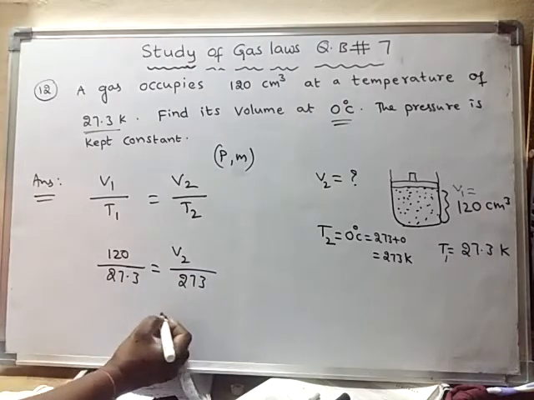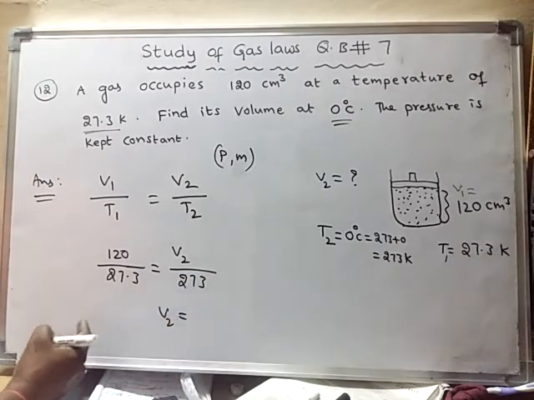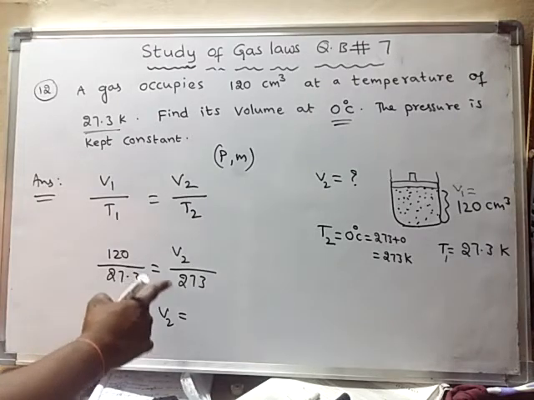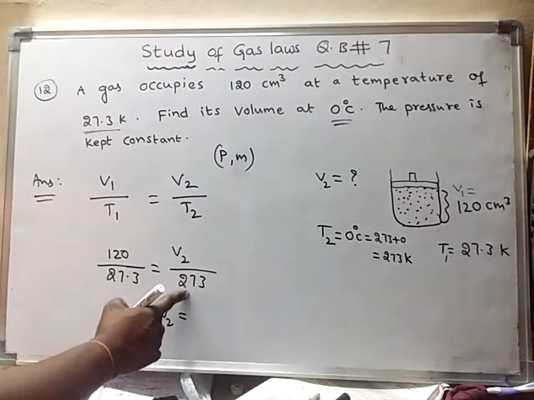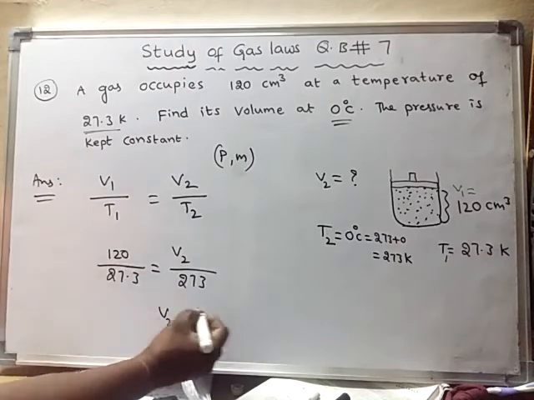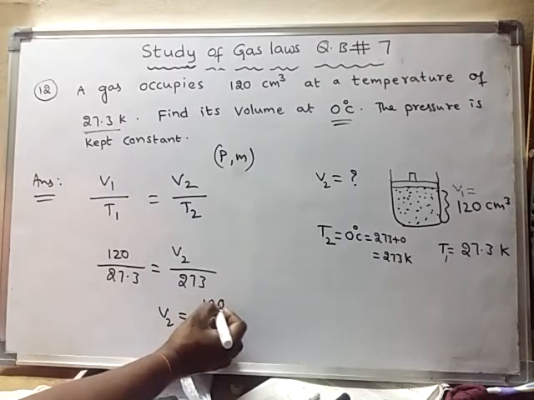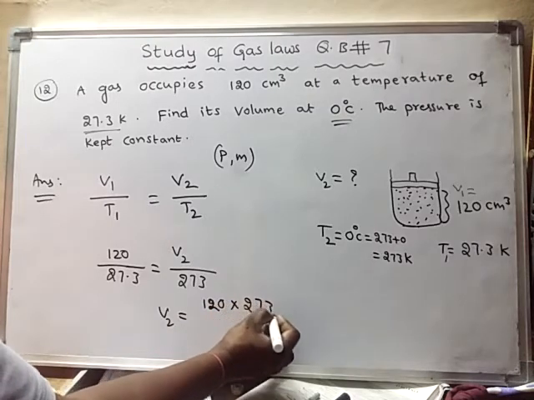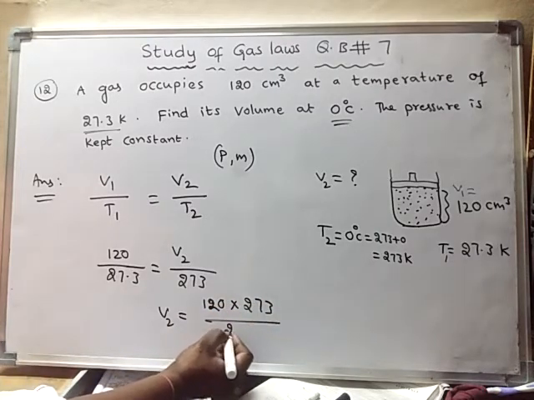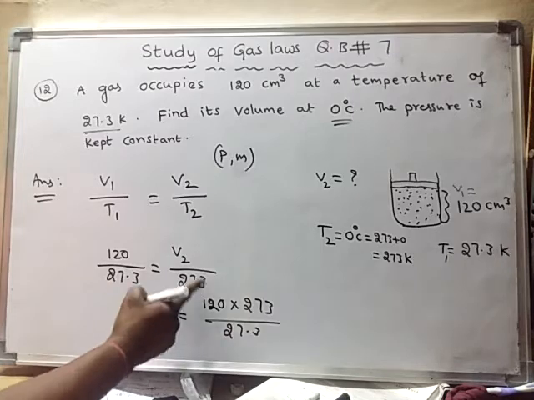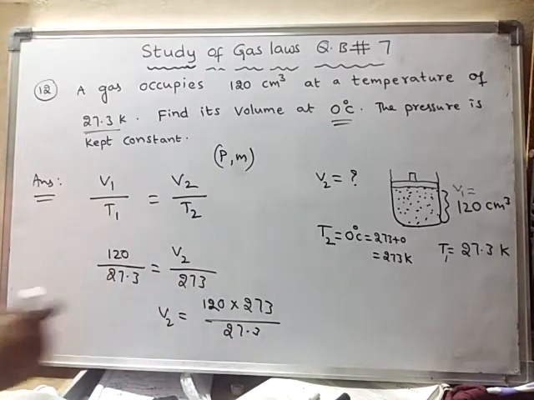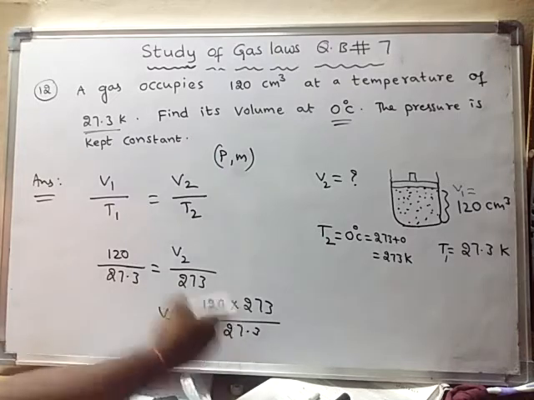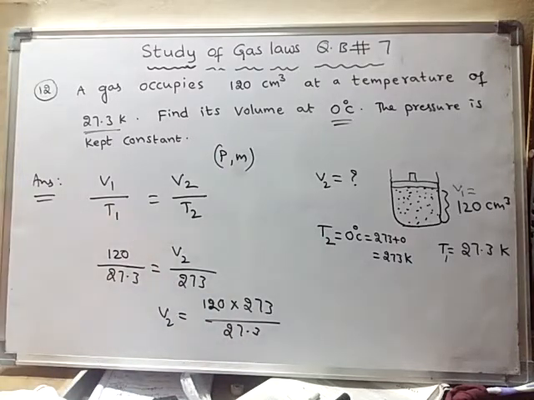Upon rearranging, V2 will be equal to 120 into 273 divided by 27.3, because we simply bring this term to the other side so that only V2 is left on one side.